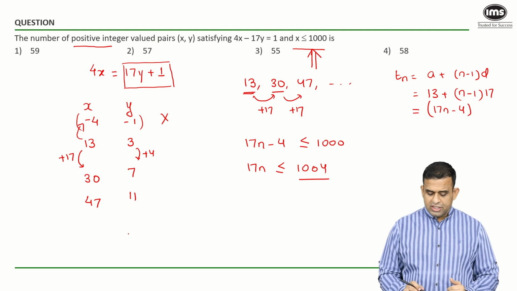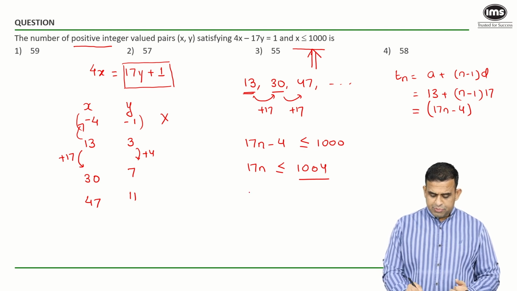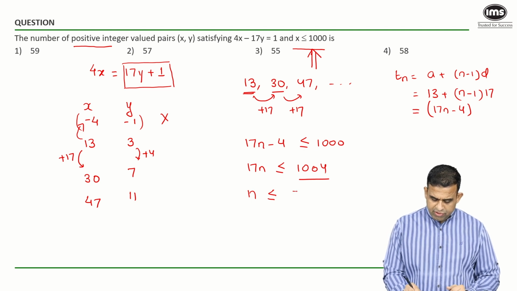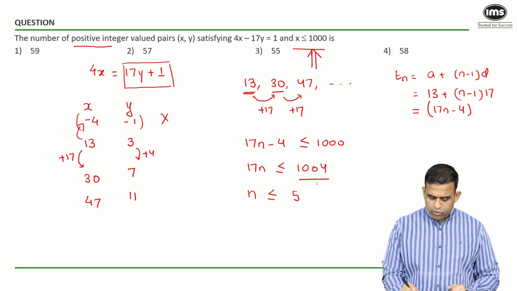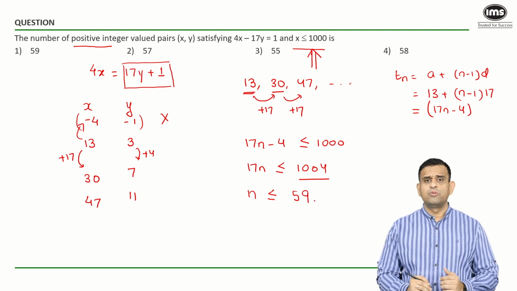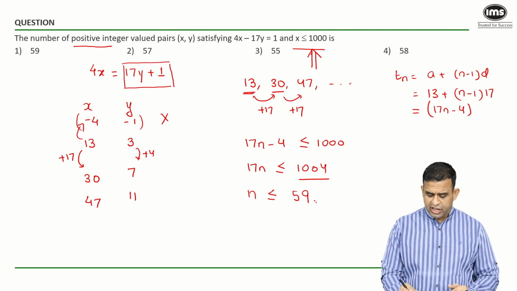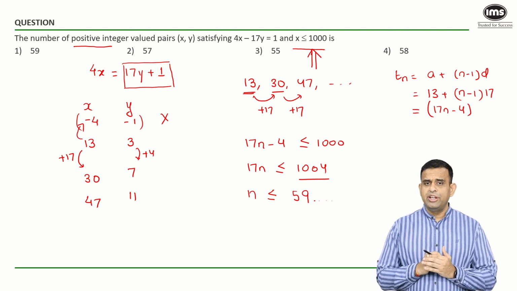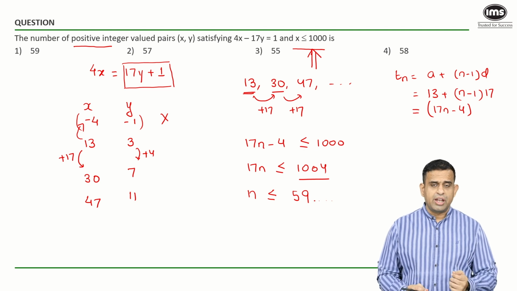In that particular case, the value of n will be less than that. 17 times 5 will be 85, then I get the number 154, and one can say I can go 9 times. So 17 times 9 is 153, so 59 point something, which means my largest possible value of n is 59, and the value of n was starting from the number 1.